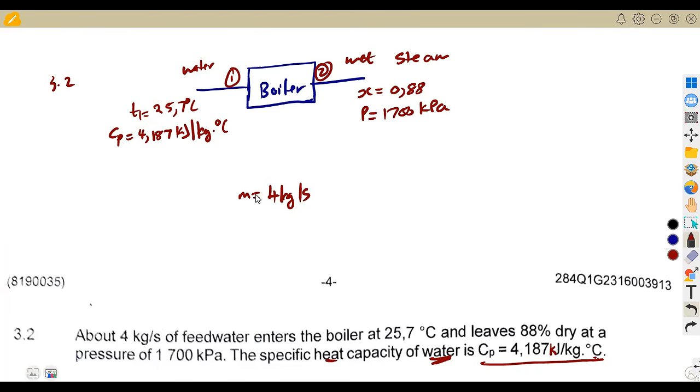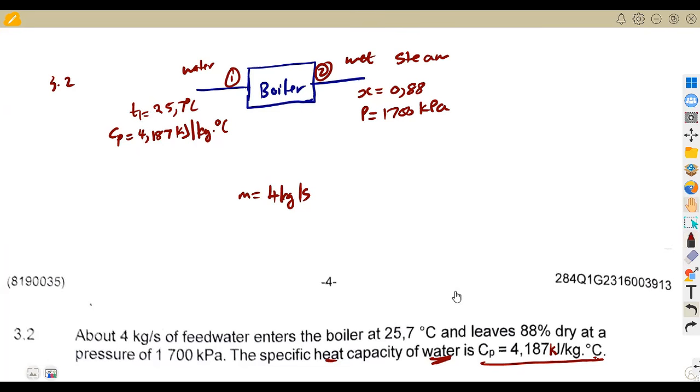Anyway, I talked about this type of question where you have got the specific heat capacity of water. Whenever you've got the specific heat capacity of water, you calculate the enthalpy from the product of the specific heat capacity of water times the temperature. Take note, you multiply in order to find the specific enthalpy.